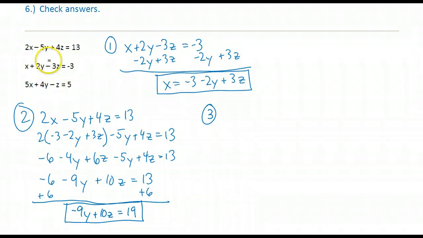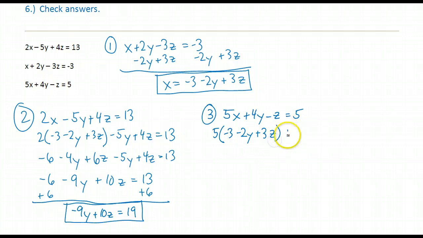So I used equation 2 in step 1. I used this equation in step 2. Now I'm going to finish off with my last equation. Replace the x with negative 3 minus 2y plus 3z. Keep everything else in the equation the same.